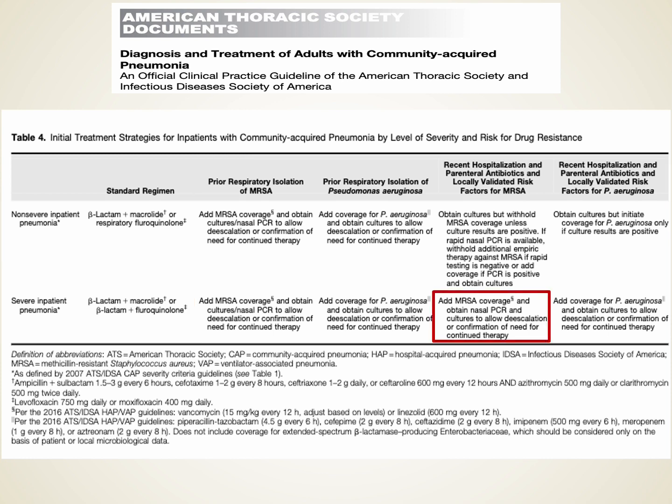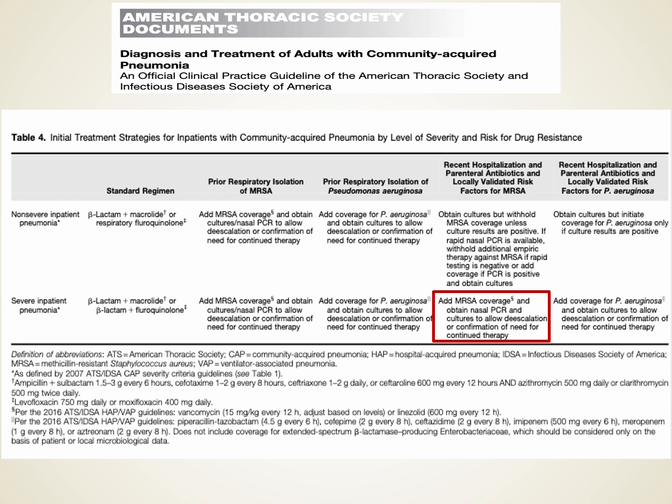So adding MRSA coverage if they're a MRSA risk is great, but if you're armed with that PCR early on, you're in a better position to then scale back or stop the vancomycin in a day or two when you look at antimicrobial streamlining.